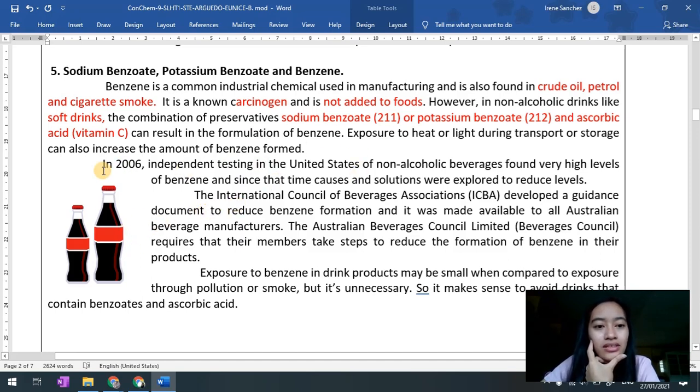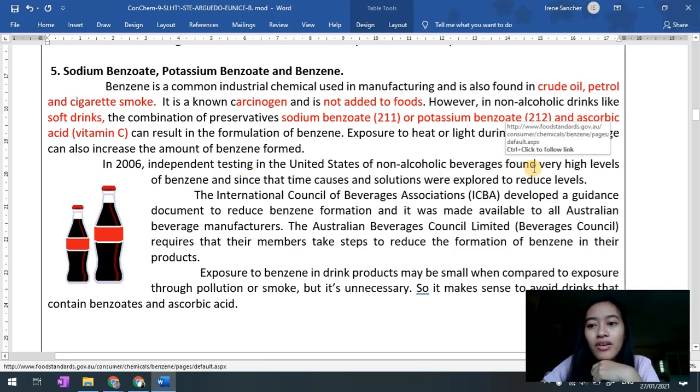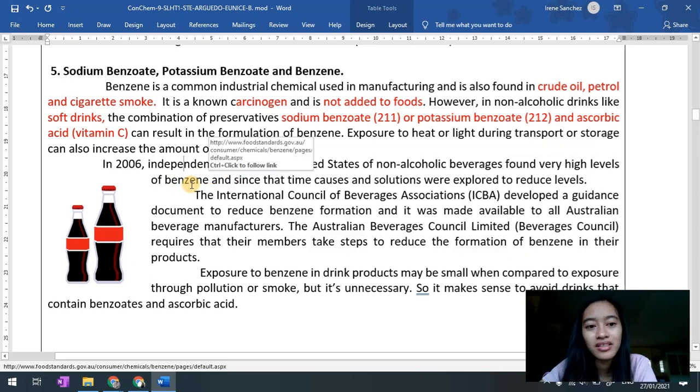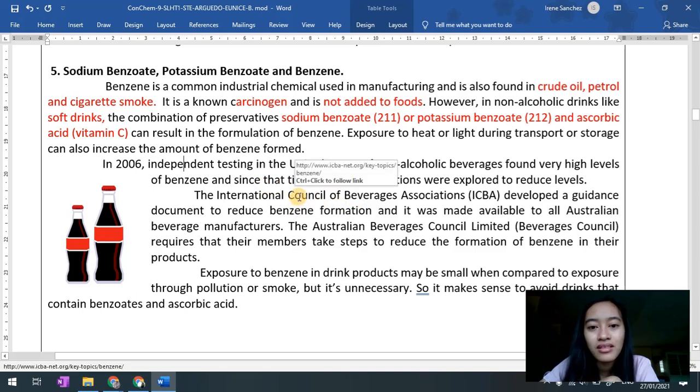Okay, in 2006, independent testing in the United States of non-alcoholic beverages found very high levels of benzene. So even then, on the bottle there's the benzene. Since that time, causes and solutions were explored to reduce levels.